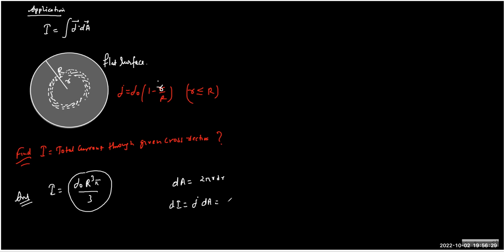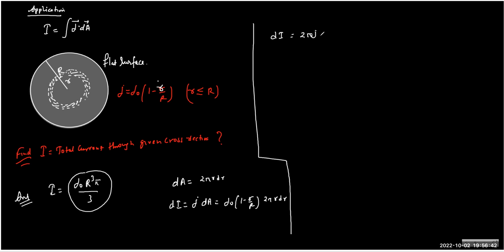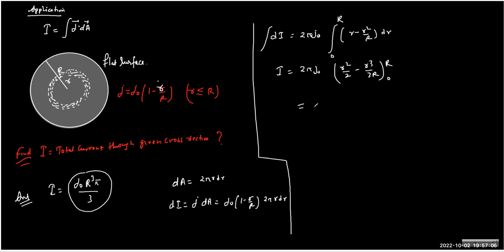And J is J naught times (1 minus r by R). So dI is 2 pi J naught times (r minus r square by R) into dr. So the total current is, I think, R square by 6, no?